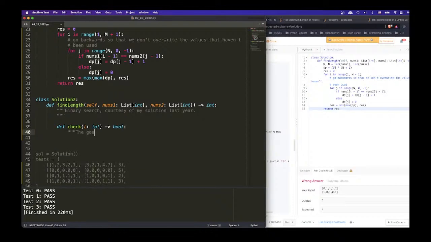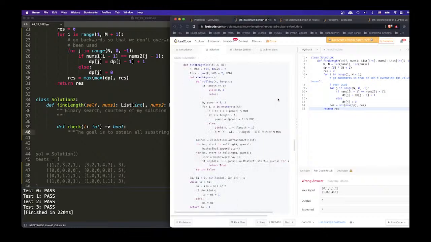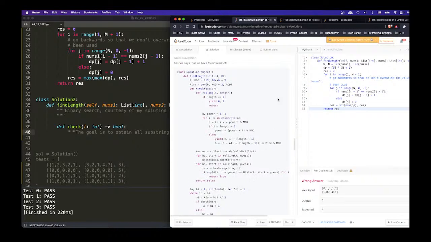So the goal is to obtain all subarrays, substrings, of size L. Oh, that's why you want rolling hash. Yeah, I want to avoid using rolling hash. But anyway, maybe we should use rolling hash.